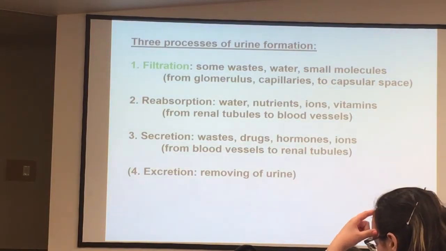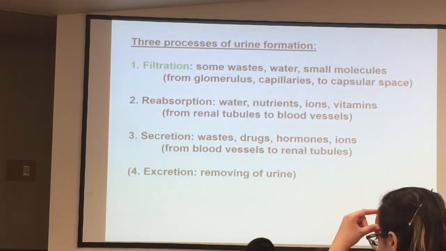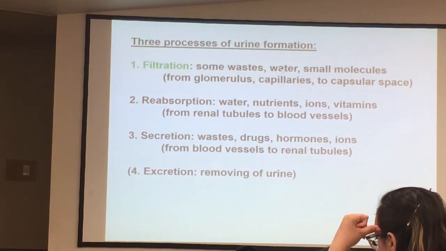Now we go through the procedures for urine formation. Actually, it's 4 procedures. The first one is filtration. The water coming out from the blood capillary glomerulus is only small molecules or water, maybe including sodium chloride, maybe including sugar.